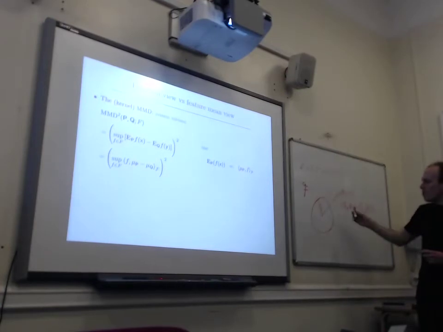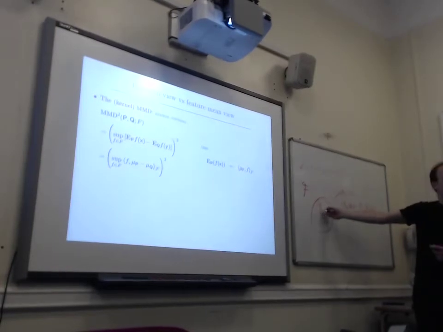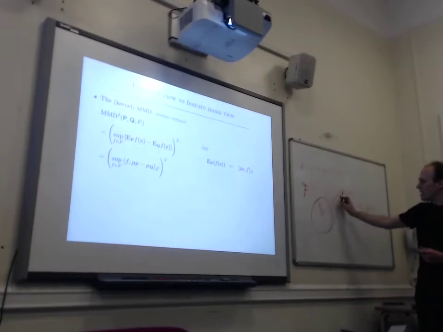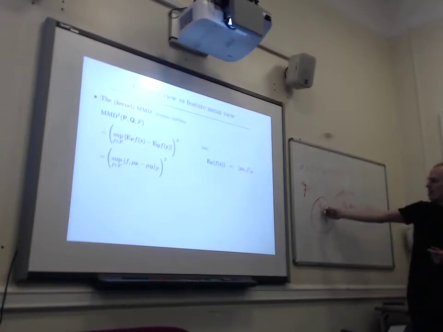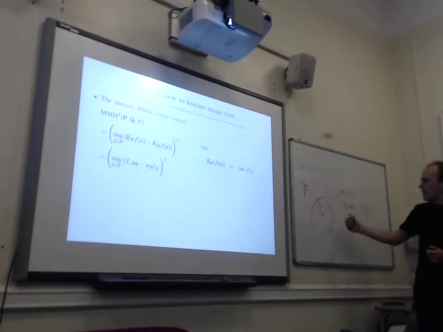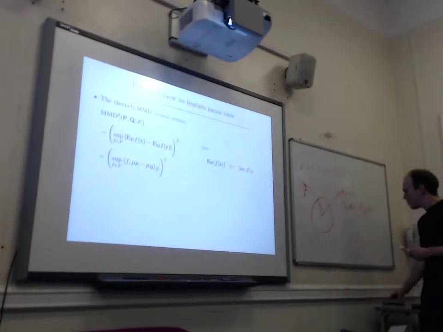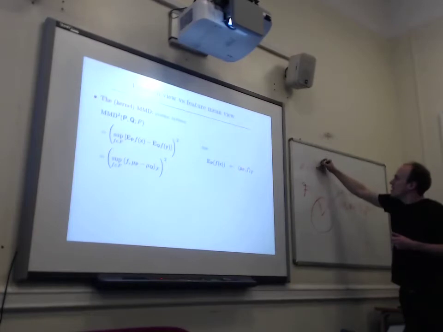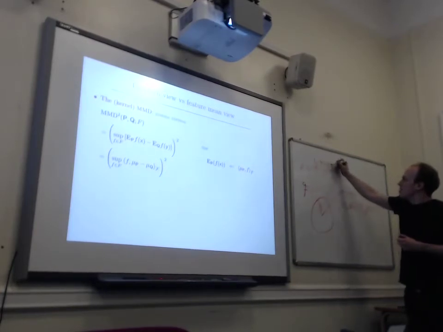So what you can see from this drawing is, if I'm in this ball and I'm trying to find the F that maximizes the inner product with this thing here, then what's that going to be? That's going to be the F that's in the same direction as mu P minus mu Q. Because if I rotate this F around, then the dot product with this is going to be smaller. Okay? So I want a unit vector in the direction of mu P minus mu Q. So that means that the function that solves this is going to be mu P minus mu Q divided by its norm.